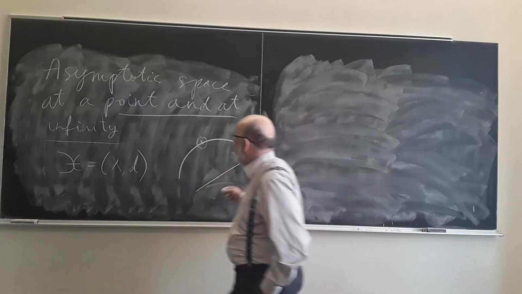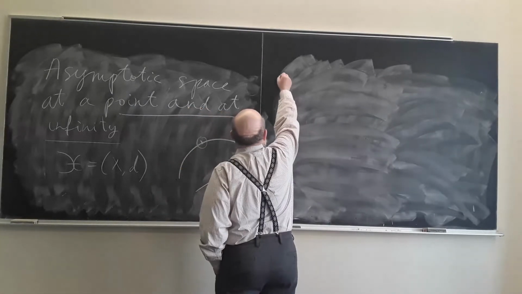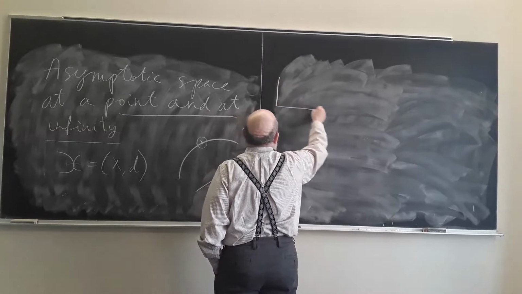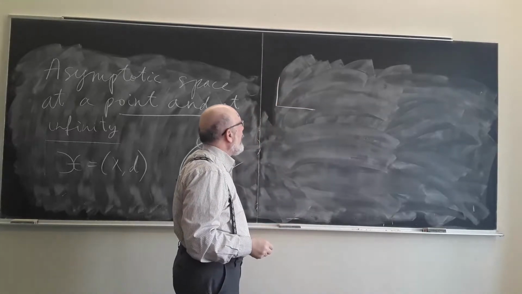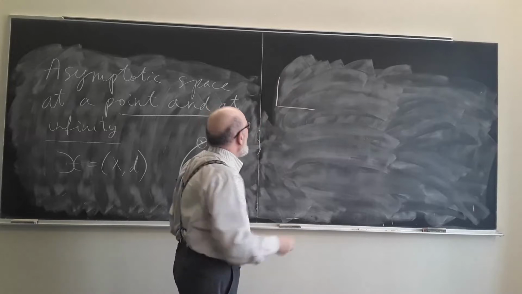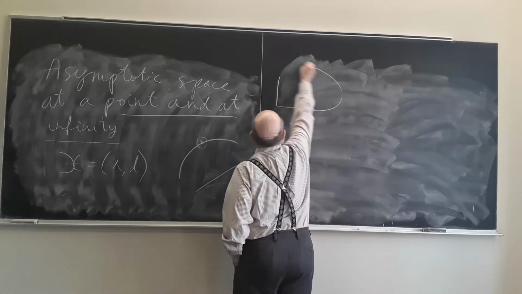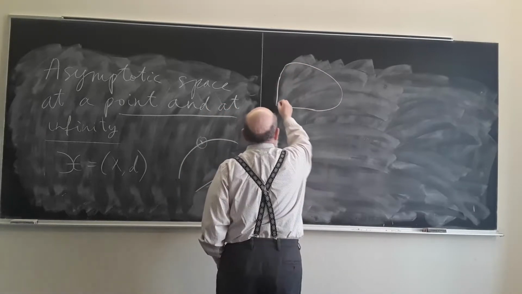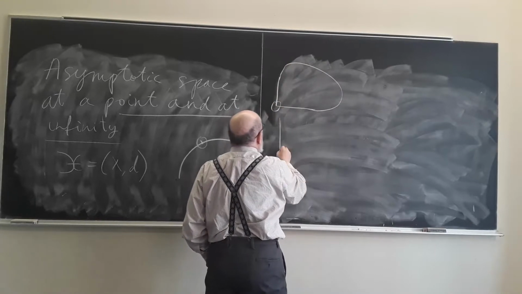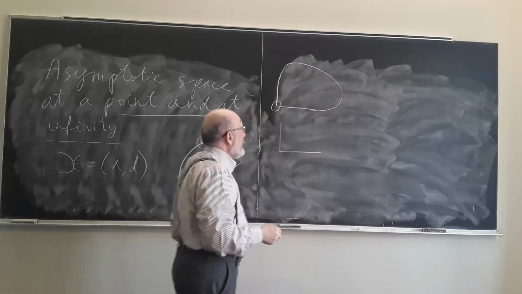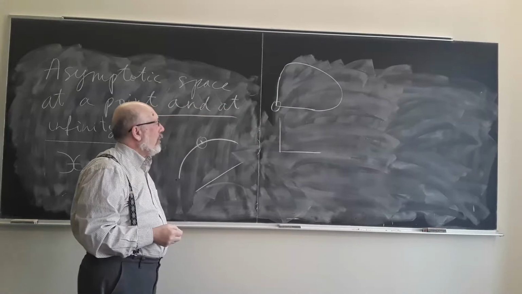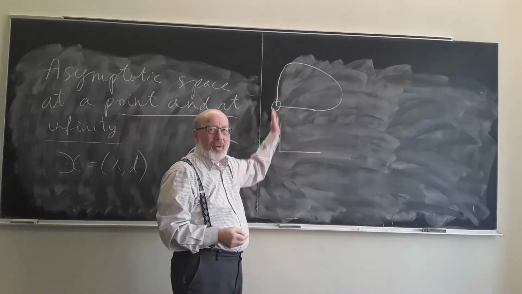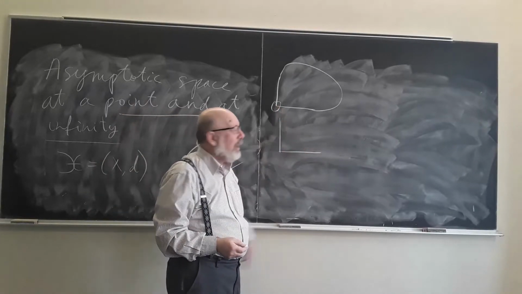If, for example, the curve has an edge and a corner, something like this, then if you put it under the microscope, we'll see also just a chord. It's okay.